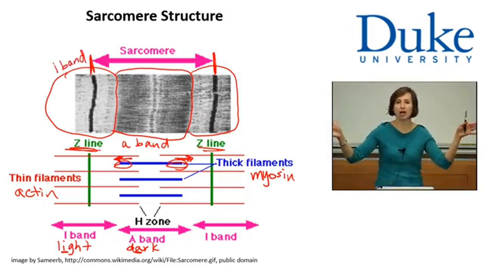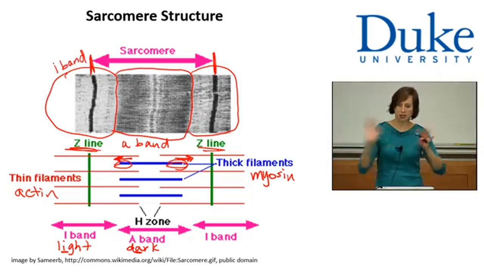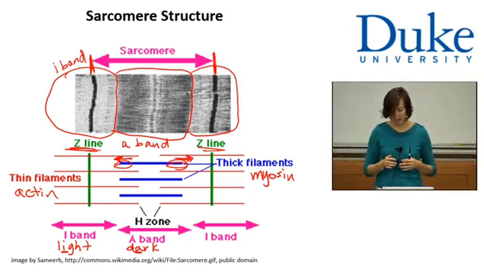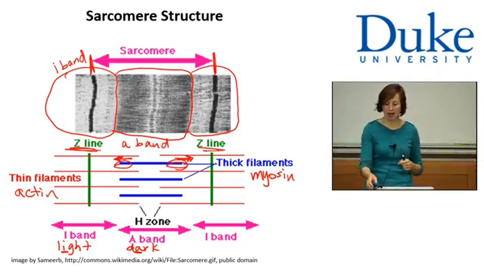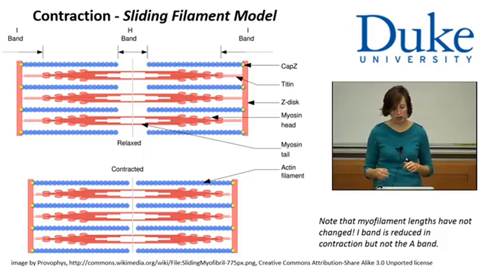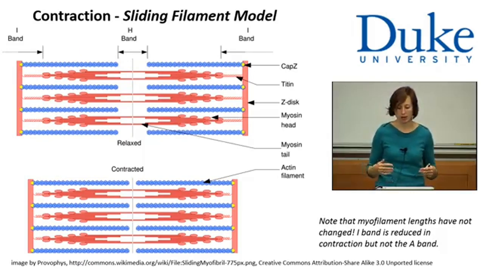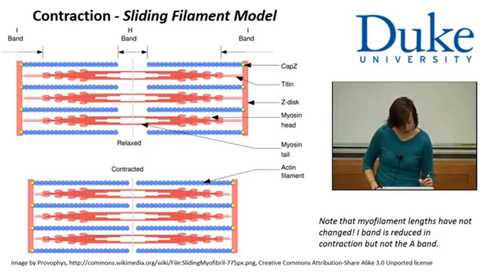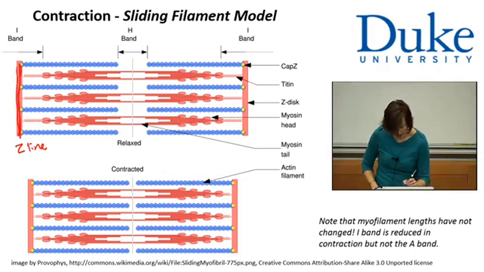As soon as you get myosin, it's going to be darkly staining, and it's going to be the A band. So let's see what happens when we have contraction, which is shown on this next diagram, where we've got our Z lines right here. This is going to be the borders of our sarcomere.